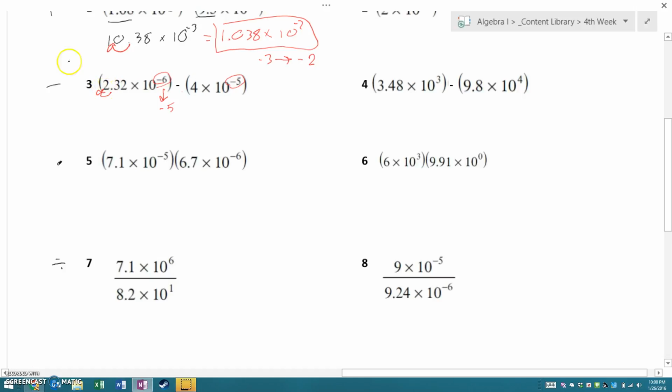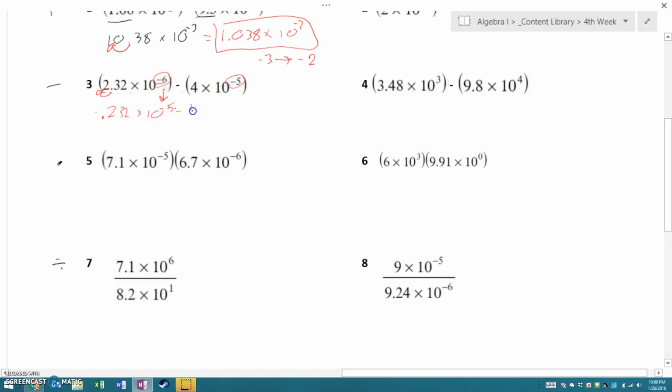So I'm taking 2.32 and I'm making that smaller, 0.232. 0.232 is smaller than 2.32. I've made this number smaller because I made my exponent bigger.